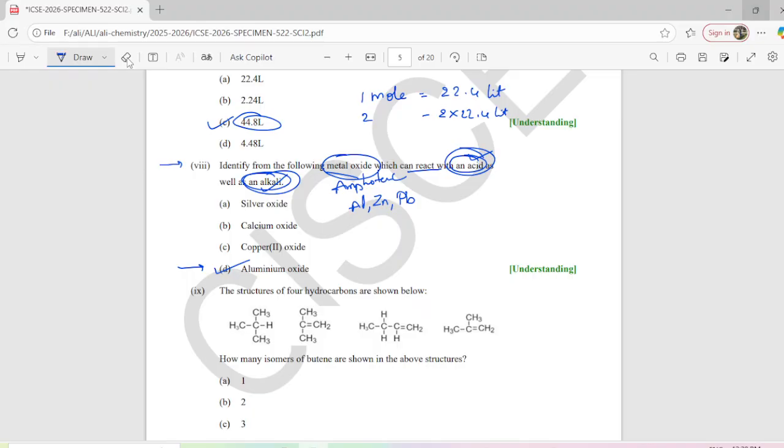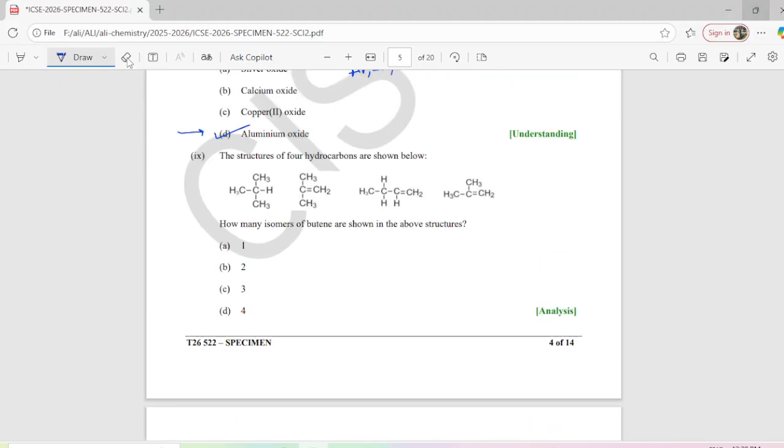Next, MCQ 9. So this is from organic chemistry. The structures of 4 hydrocarbons are shown below. How many isomers of butene are shown in the above structure? So butene will have a formula C4H8.